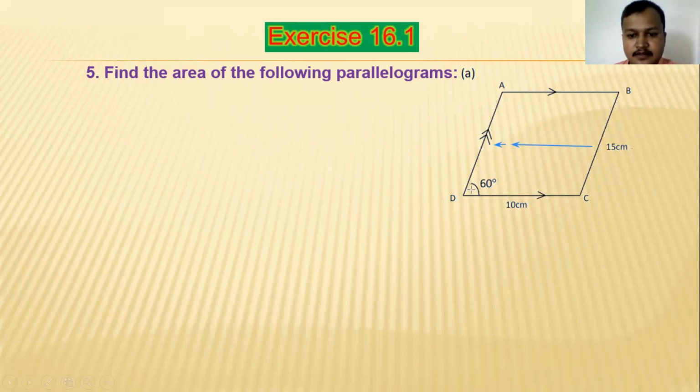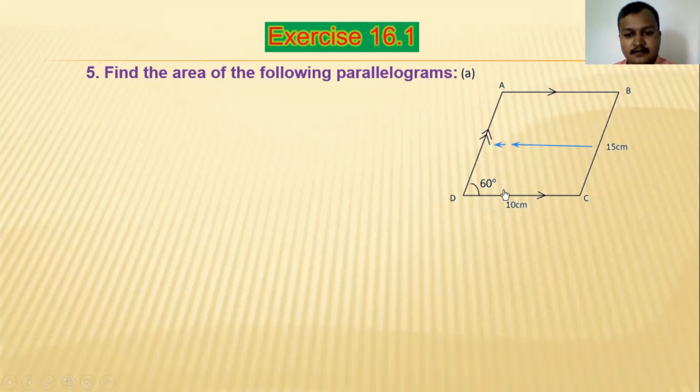I am saying it because we need two sides and the angle between them. We don't need BC; we need AD, DC, and the angle between them is 60 degree. For that reason, we have to take AD equal to 15 centimeter.